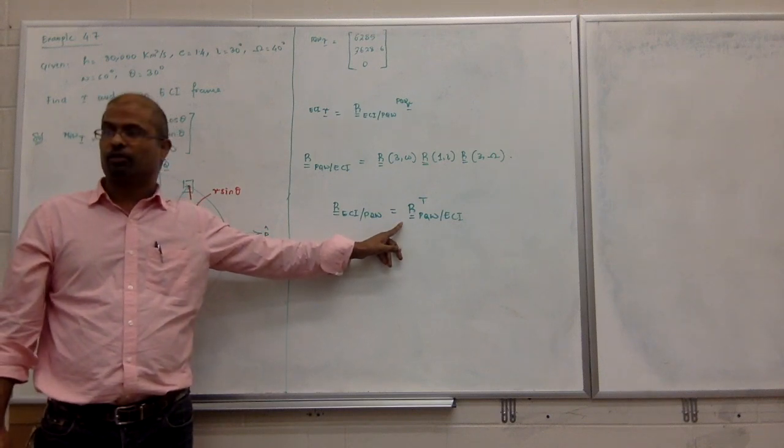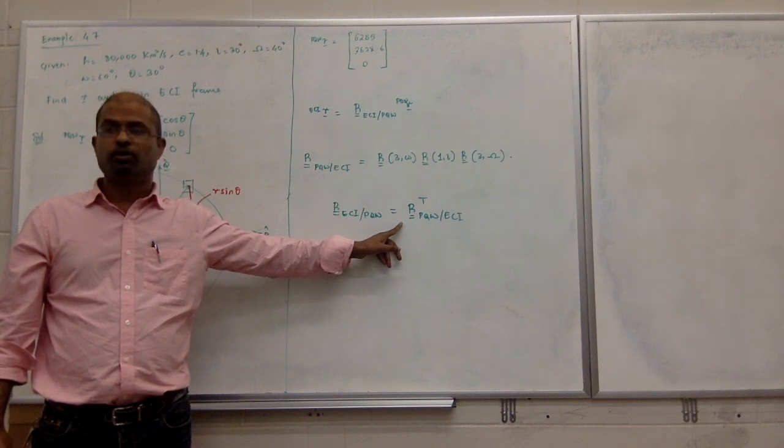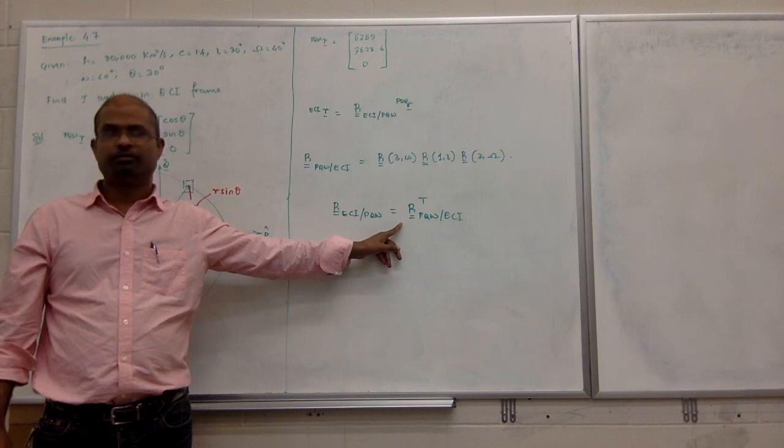Transpose, how do you take the transpose? You turn the columns to rows. Inverse, you do the cofactor matrix and divide that by the determinant.